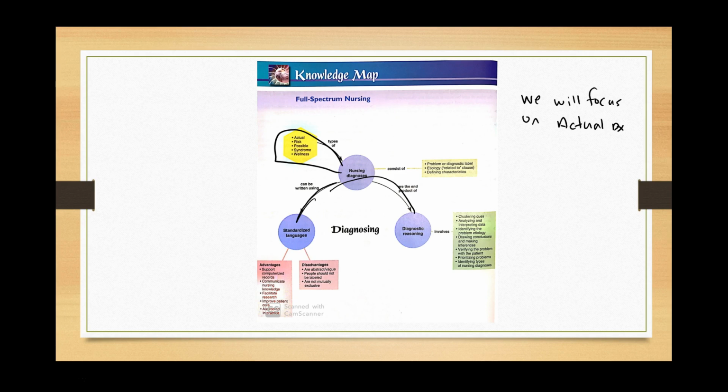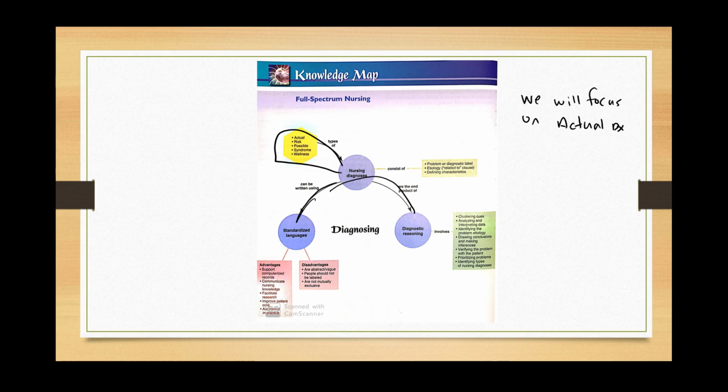The syndrome and wellness nursing diagnosis, we really don't need to get into at the LPN level. That's more or less at the RN level, because now we're developing different types of care plans. We're developing a collaborative care plan, other things like that, which we don't really need at the LPN level. But if you go on for your RN, then you're going to definitely dive into those types of nursing diagnoses as well.